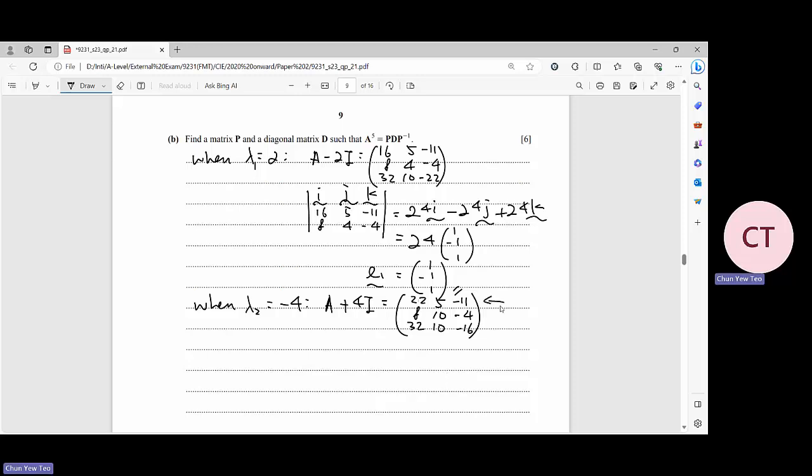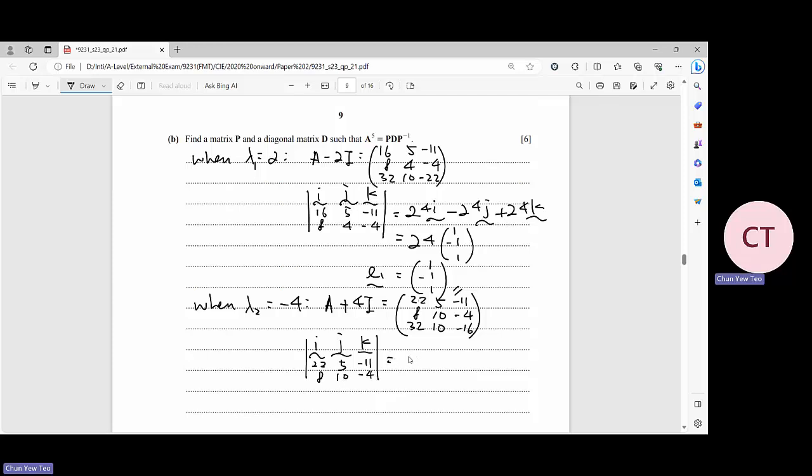So you can see that they are not multiples of each other, so actually you can choose any two to find the eigenvector. I will choose the first two: 22, 5, negative 11, and then 8, 10, and negative 4.